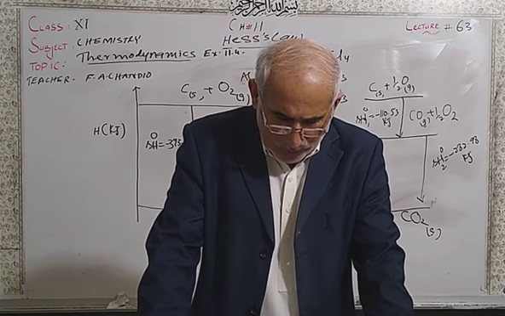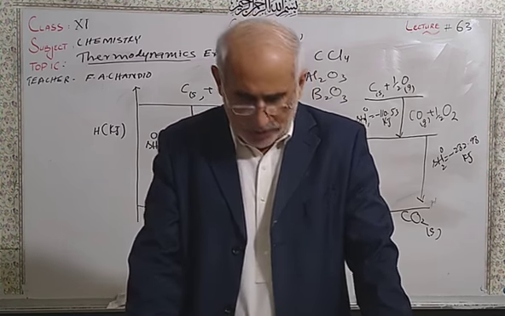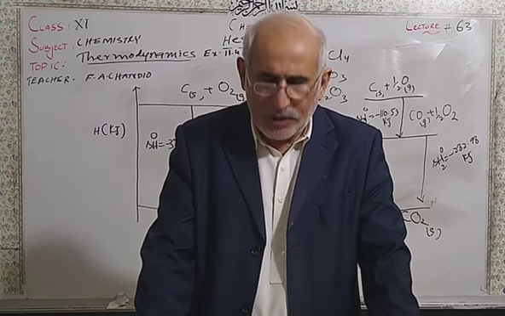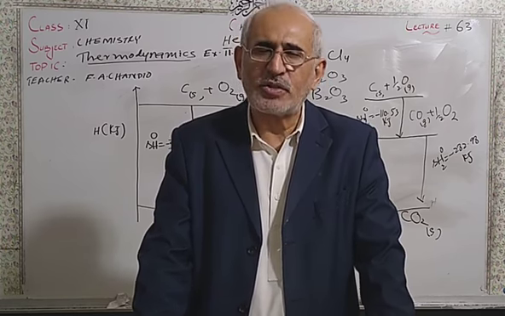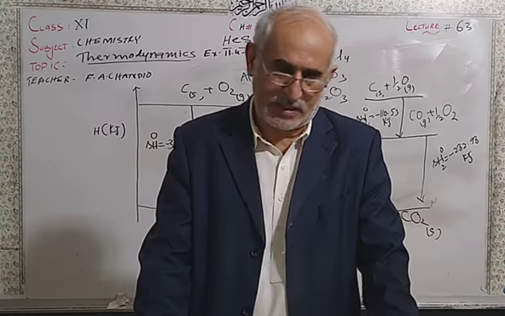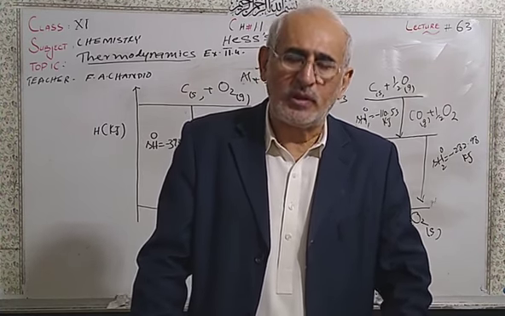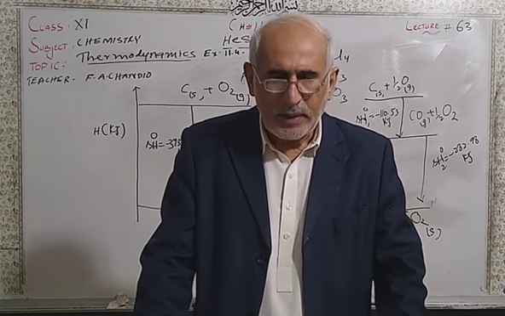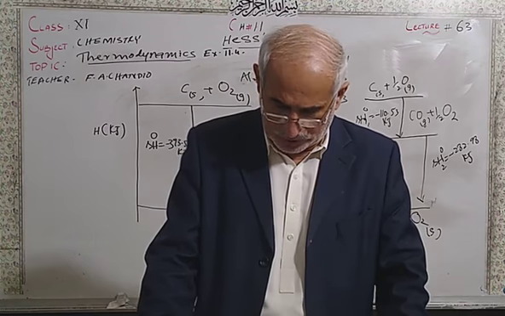Thus, enthalpies of formation of carbon tetrachloride, aluminum oxide, and boron trioxide cannot be determined directly by calorimetry. So, Hess's law helps us. It is practically useful for determining the enthalpy of formation of such compounds.